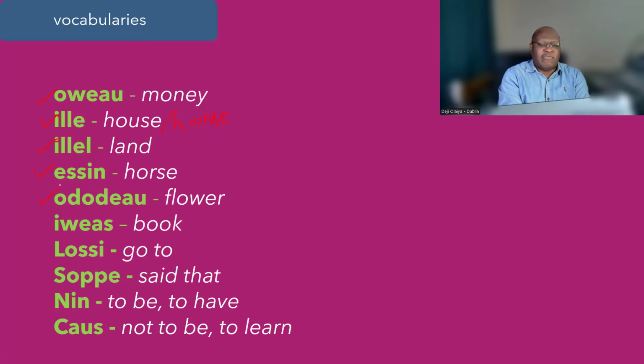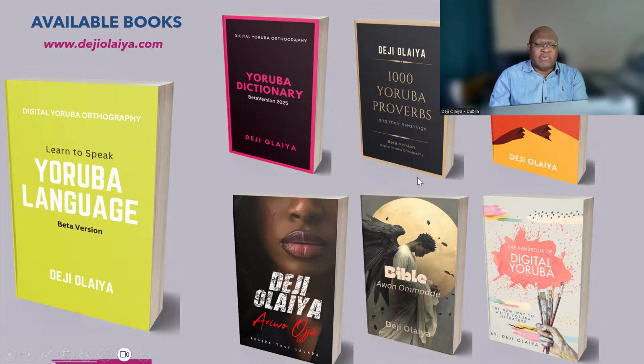Òdòdó, flower. Ìwé, book. Lọ sí, this is a verb, go to. Sọ pé, say that. Ní, meaning to be or to have. Kọ́, not to be or to learn. So those are the verbs and vocabularies you learned today.